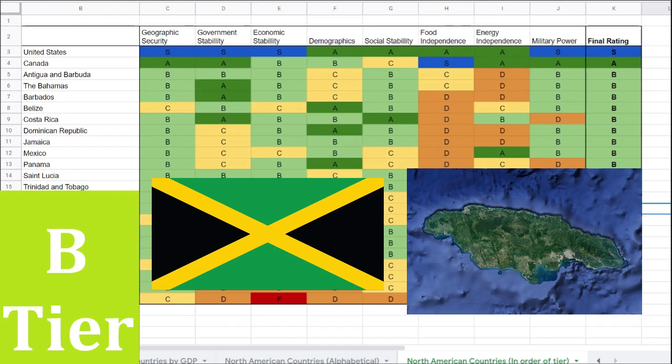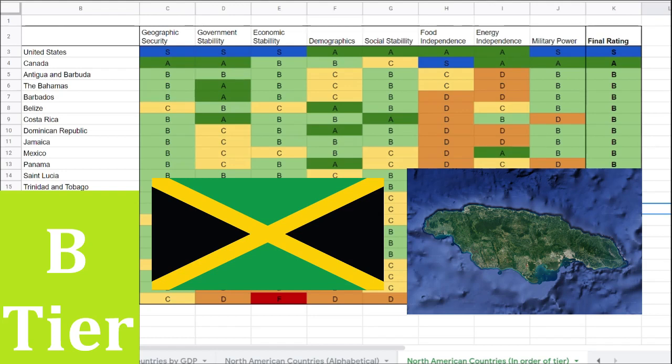And actually only 14% would oppose being a part of Britain again. So, yeah, very interesting situation there. The government is not as stable as it could be. However, economically speaking, they're B tier. It's mostly service-based and it's a middle-income economy. Tourism is the main factor, and so on.